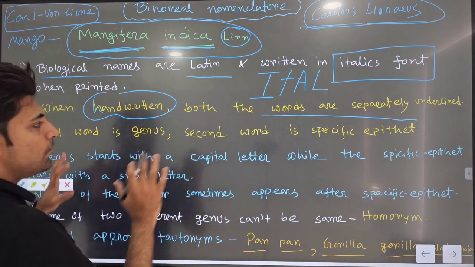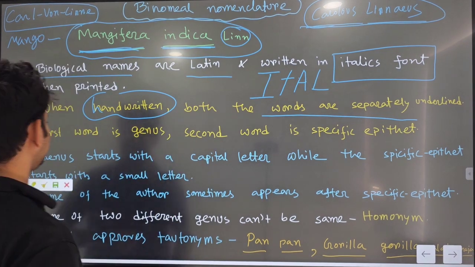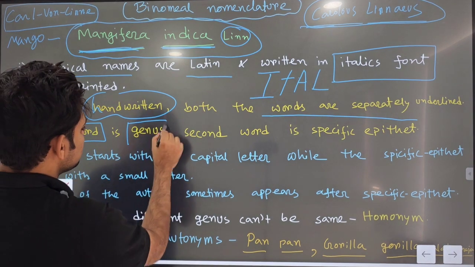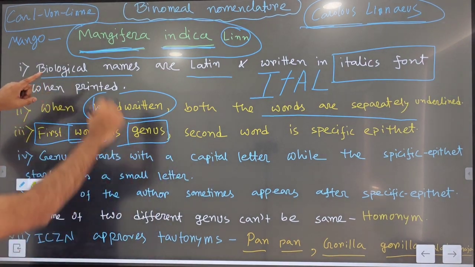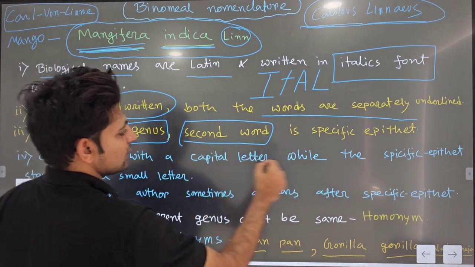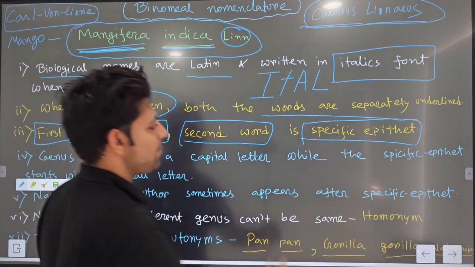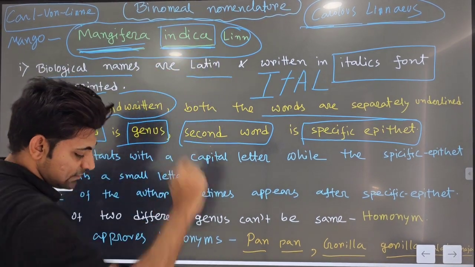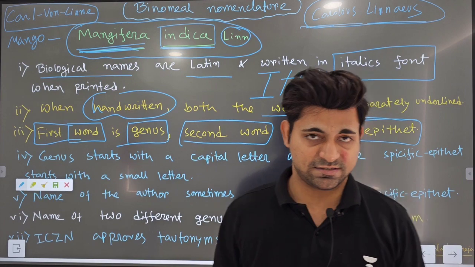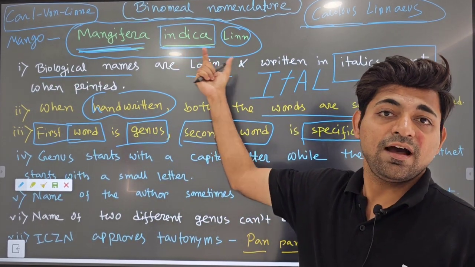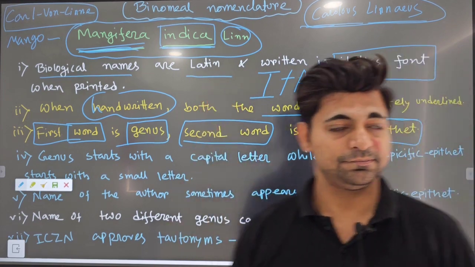Now, binomial: why 2 words? The first word is the generic name; Mangifera is the genus of mango. And the second word is the specific epithet; indica is the specific epithet, not the species. Mangifera indica is the species. The second word is the specific epithet.